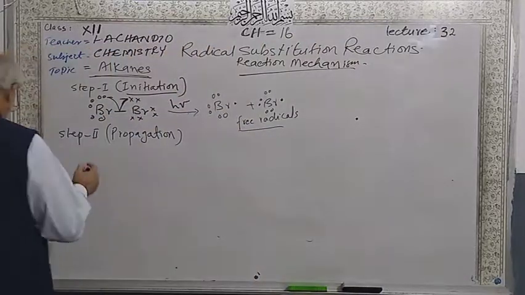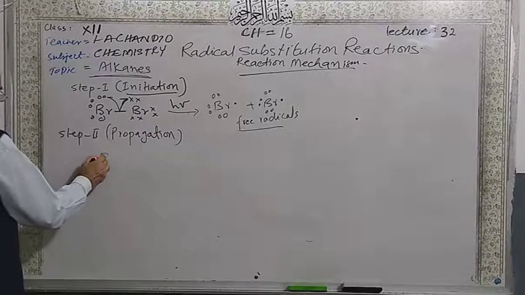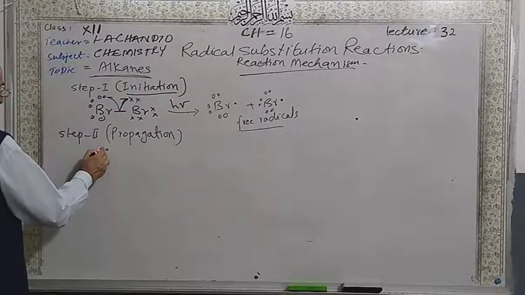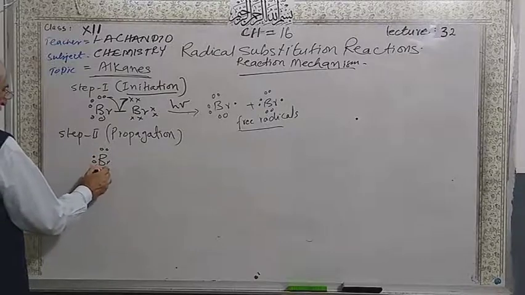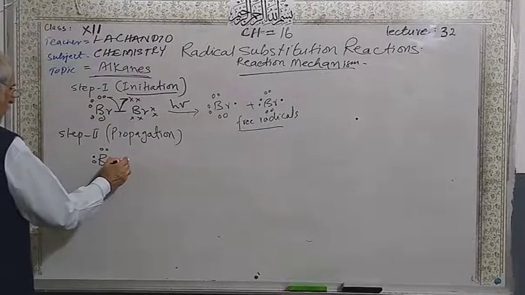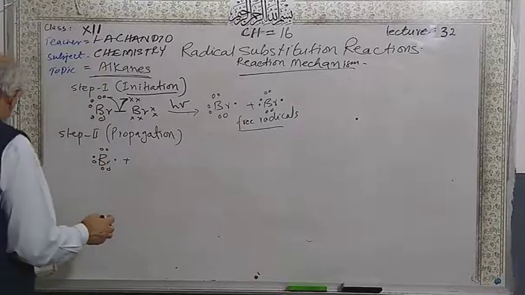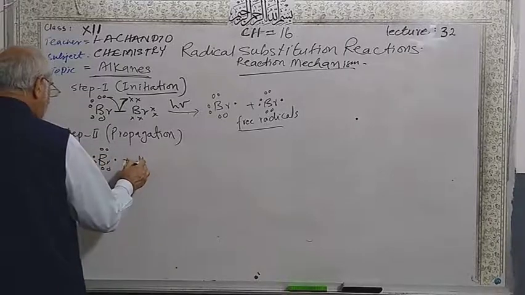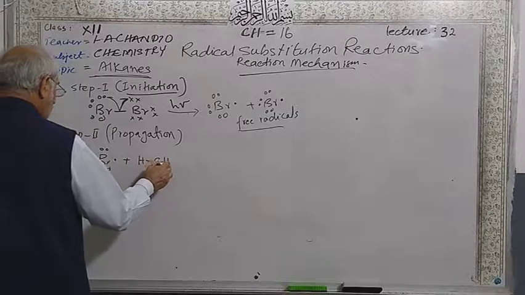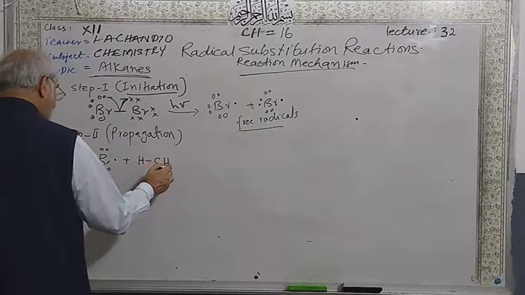So now, the bromine free radical. This is the bromine free radical and the abstraction of hydrogen from methane.